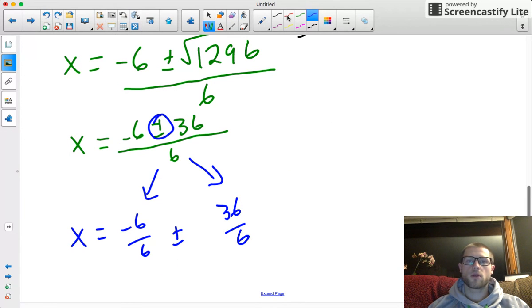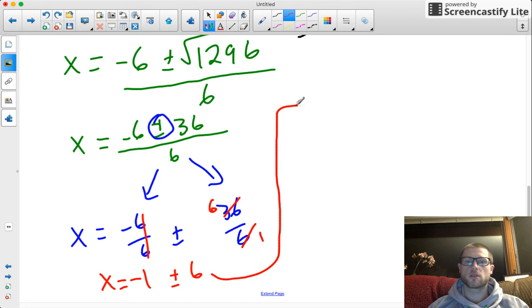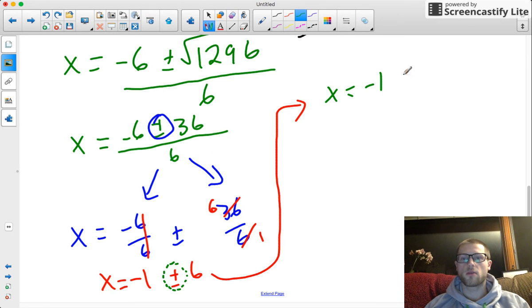And then really what we can see happening here is I can reduce this to a negative 1, and I could reduce this to a 6. So here I've got x equals negative 1 plus or minus 6. But remember, because of this plus or minus, that represents two different solutions. x could equal negative 1 plus 6, or x could equal negative 1 minus 6.